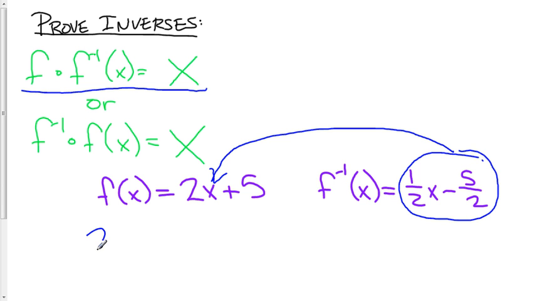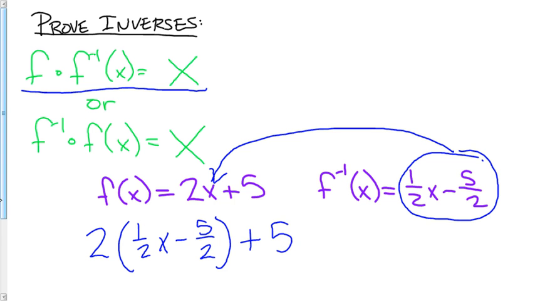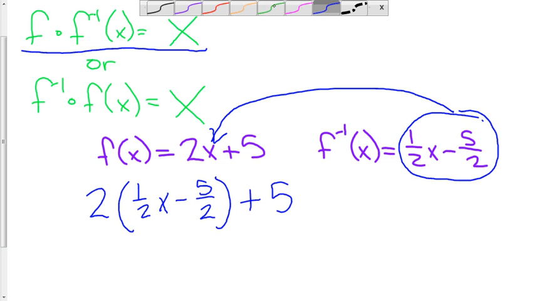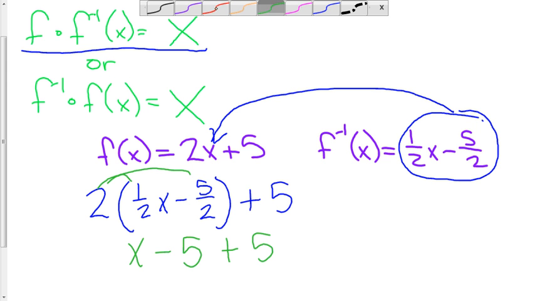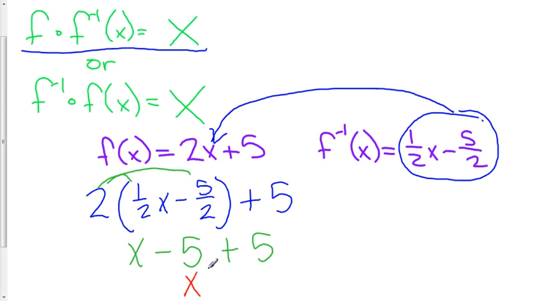And you would get 2 times 1/2 x minus 5 halves plus 5. Simplifying this down, distributing the 2 would get you x minus 5 plus 5. And simplifying even further, minus 5 plus 5 would be just x.